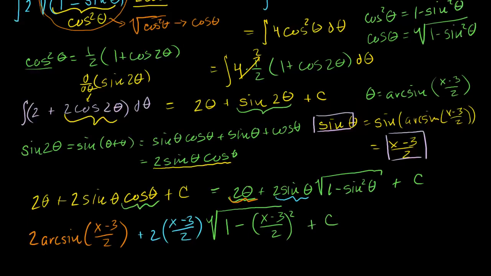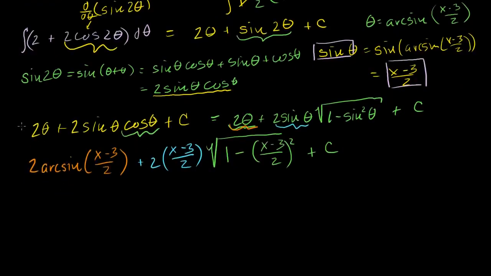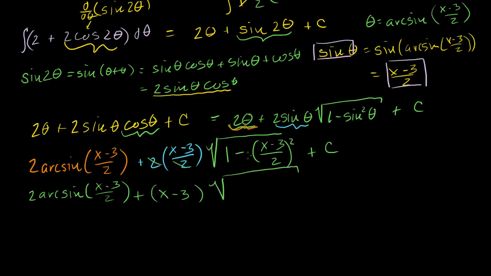And let's see if we can simplify this even more now that we're already at the home stretch. So this is equal to 2 arc sine of x minus 3 over 2 plus these two terms, this 2 and this 2 cancel out, plus x minus 3 times the square root of, what happens if we multiply everything here by, let's see, this is equal to 1 minus x minus 3 squared over 4.